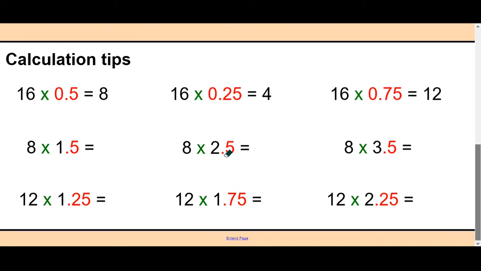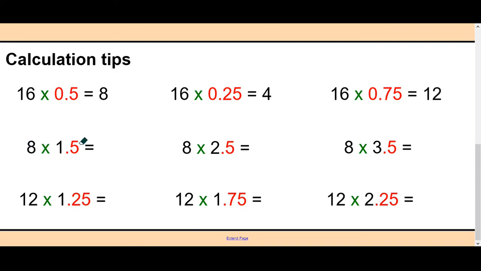Now, if you were to times by 1.5, this would be like 1.5 hours. To times by 1.5, you could certainly write a sum out, 1.5 times 8 underneath, and do it that way. But there's a quick way to do it. You're just adding on a half of the value when you times by 1.5. So it's like 1 times 8, then add on a half of 8, which is 4.